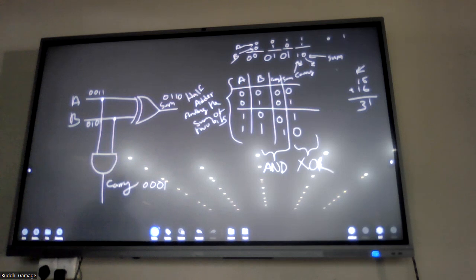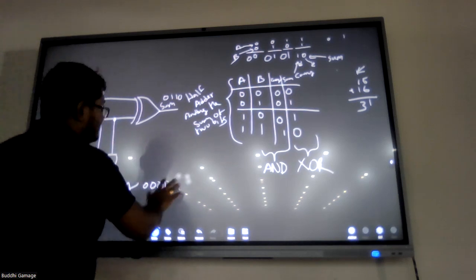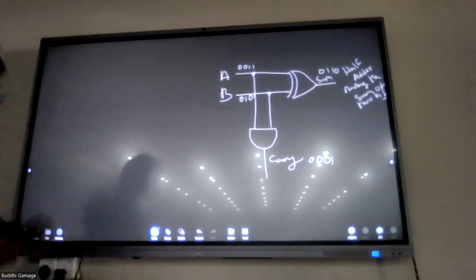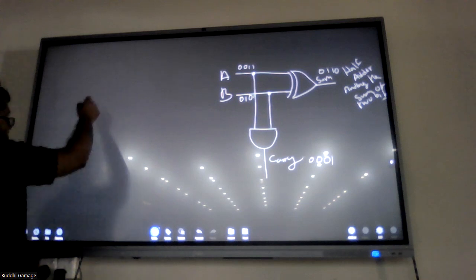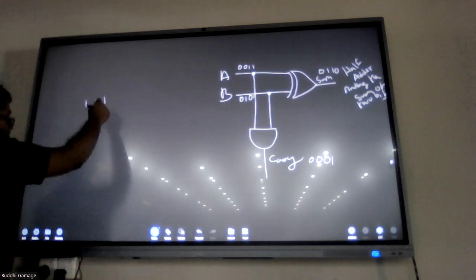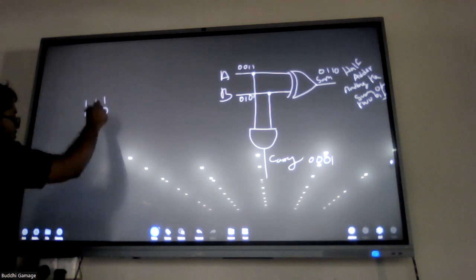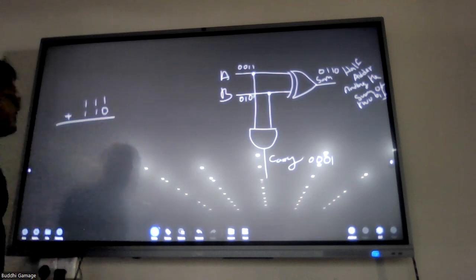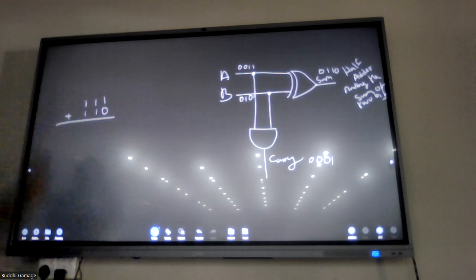So now what do we need to do? We know how to add 2 bits. So what is our goal? Our goal will be adding something like this, then our problem is solved.